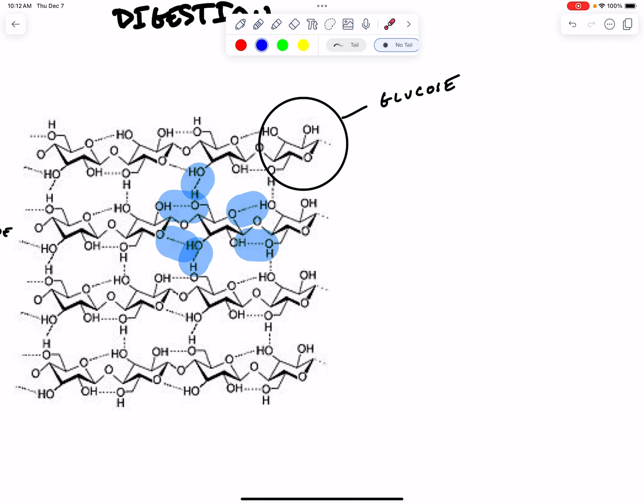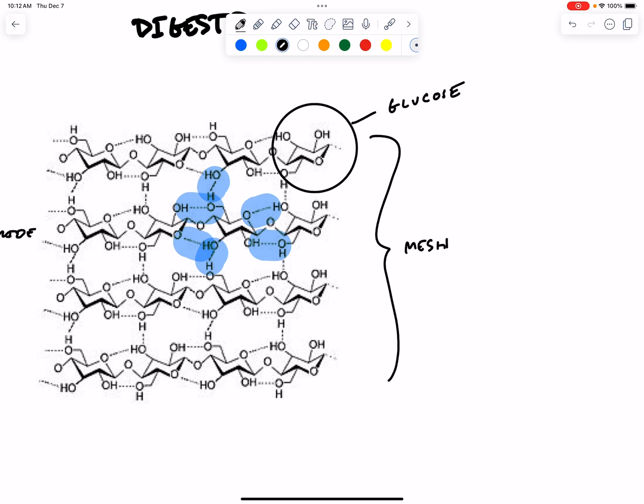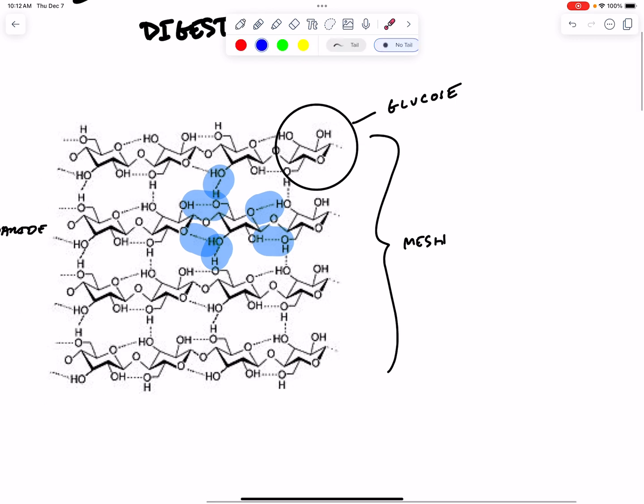So it forms kind of like a chainmail type pattern, or you could call it a mesh grid. And it's really strong. All of these covalent bonds that hold the chains to one another, as well as the sum of all the hydrogen bonds, make it a really good, solid, rigid material to build strong cell walls with.